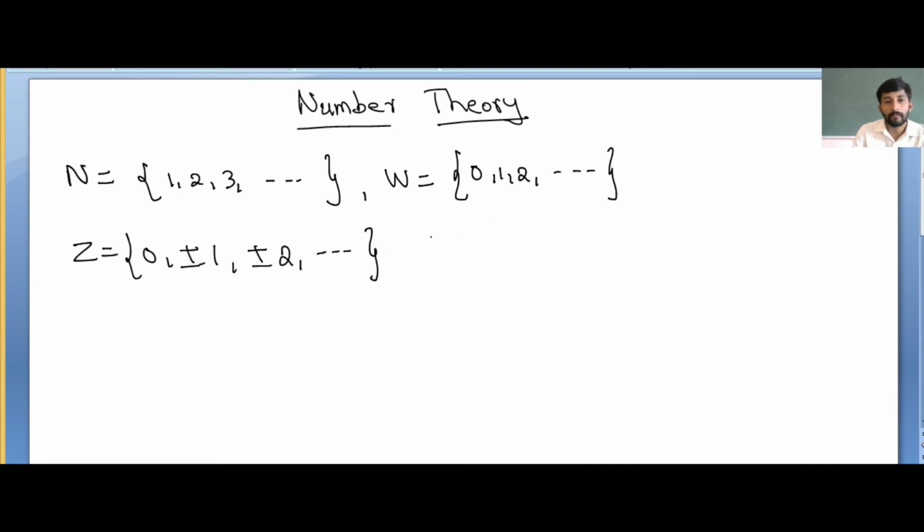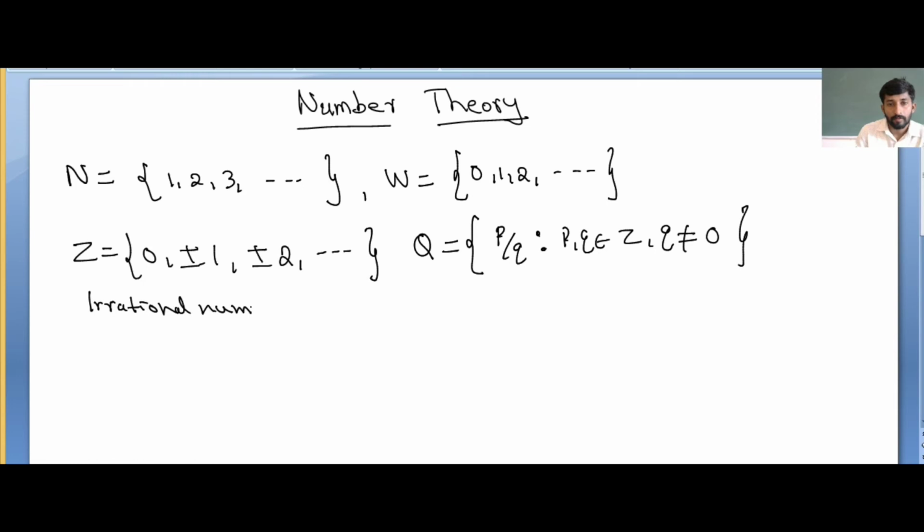And the next extended form is the rational numbers, denoted by Q. Q is equal to numbers in the form p by q, where p and q are integers and q is not equal to 0. And the next one is the irrational numbers, denoted by capital letter T. Numbers which are not rational we call irrational numbers.